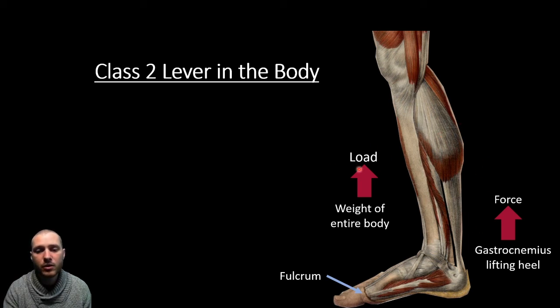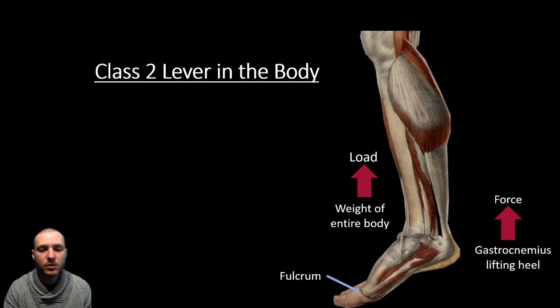And the load is going to be the entire weight of the body. So when we go up on our tippy toes, we're lifting the entire weight of our body. So in this case, we're giving up distance for the ease of lifting up weight. So what this is going to look like, gastroc pulls, we've lifted up the heel and the entire load of the body has followed with it.